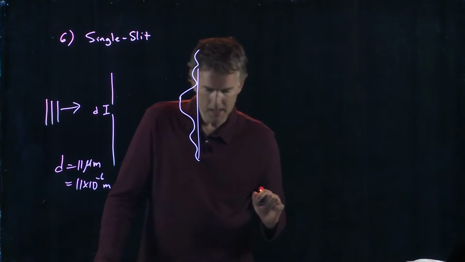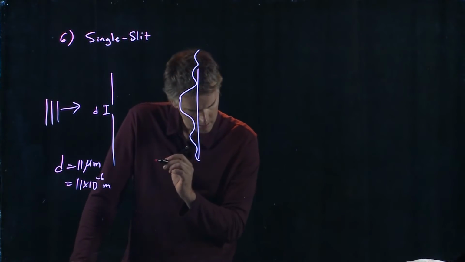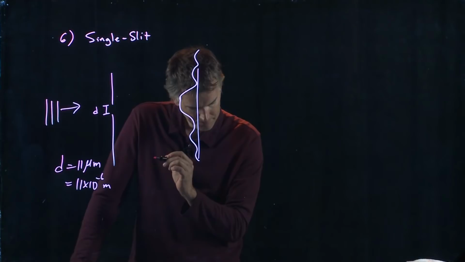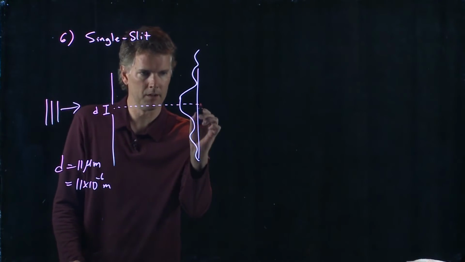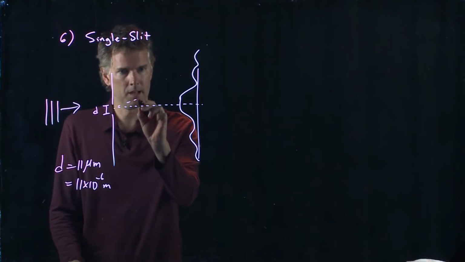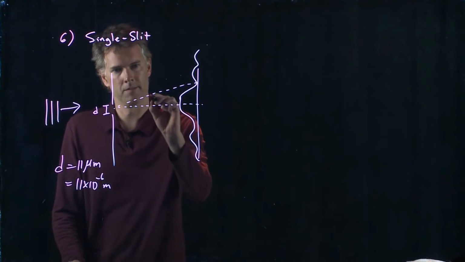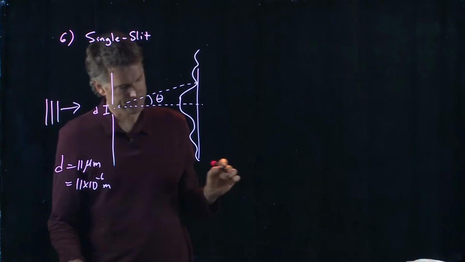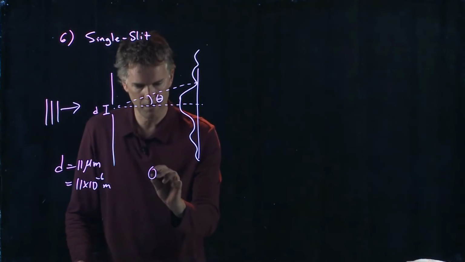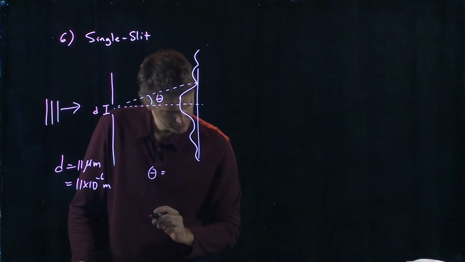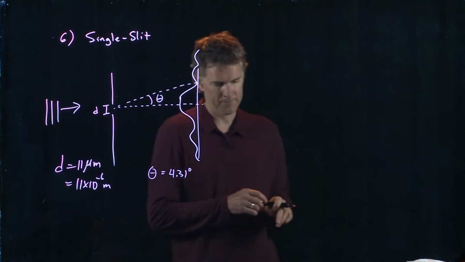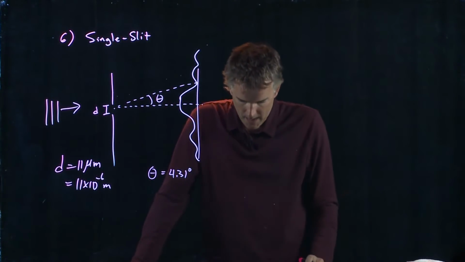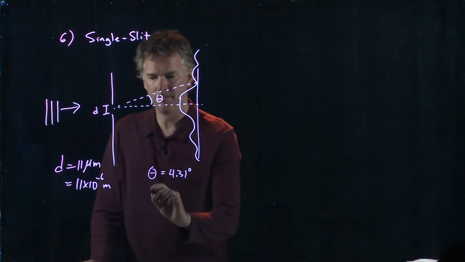And they tell us the angle to the first dark fringe. Okay, so here's the center line, and they tell us this angle right here. And that theta is equal to 4.31 degrees. All right, they are looking for lambda.